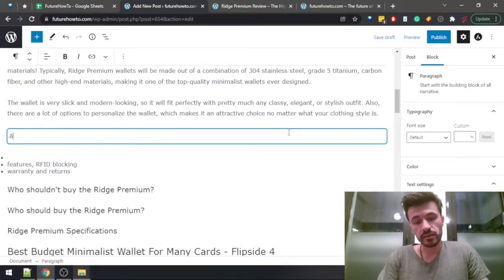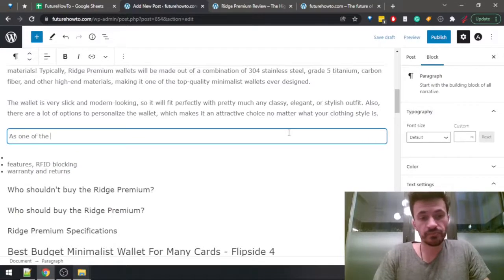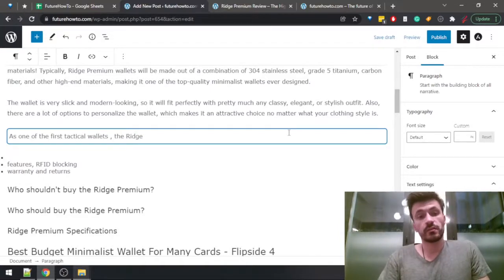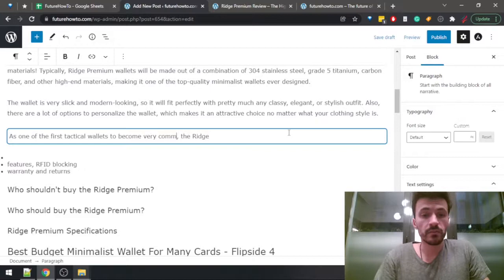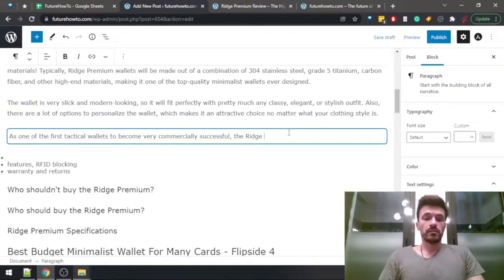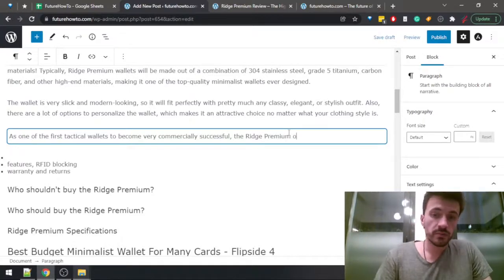We can say, as one of the first tactical wallets to become very commercially successful, the Ridge Premium, obviously.